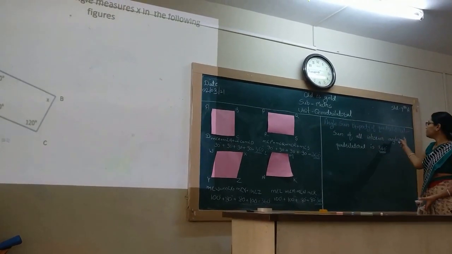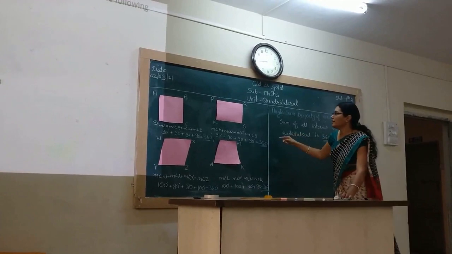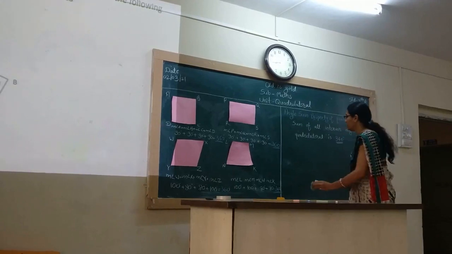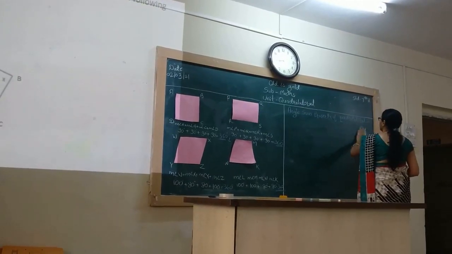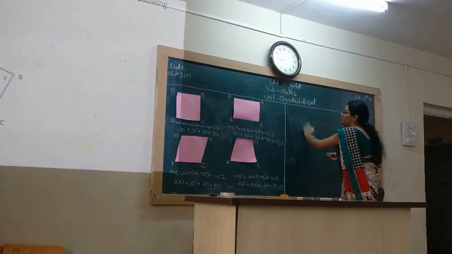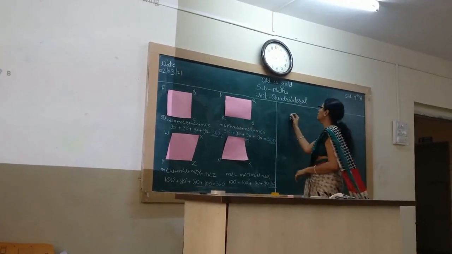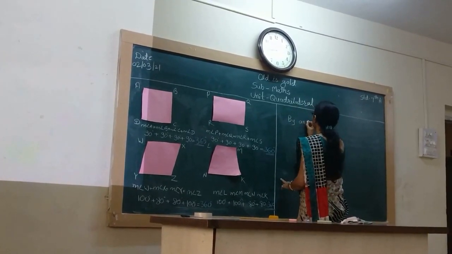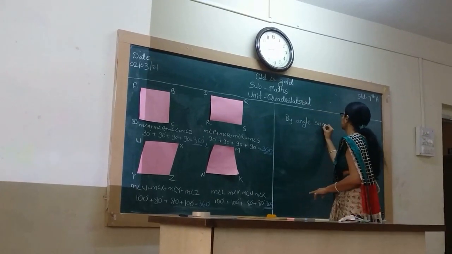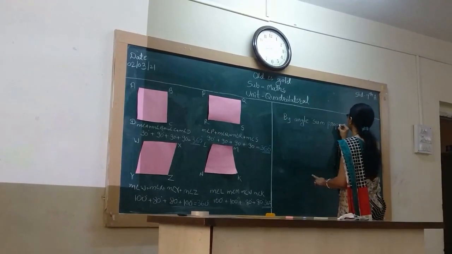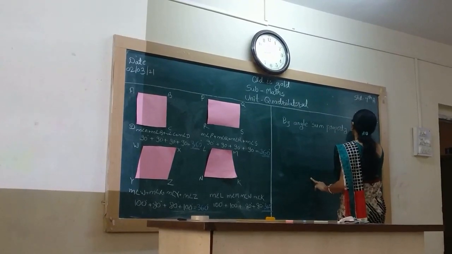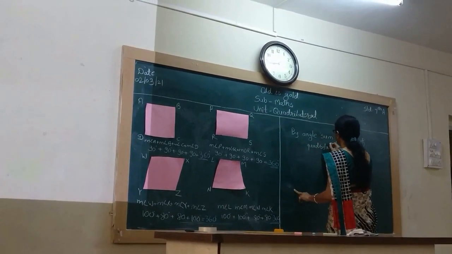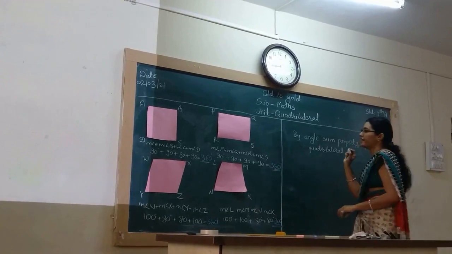As we know, the angle sum property of quadrilateral is that the sum of all the interior angles of a quadrilateral is 360 degree. Okay. So for solving, we can write by angle sum property of quadrilateral, what we can write down?